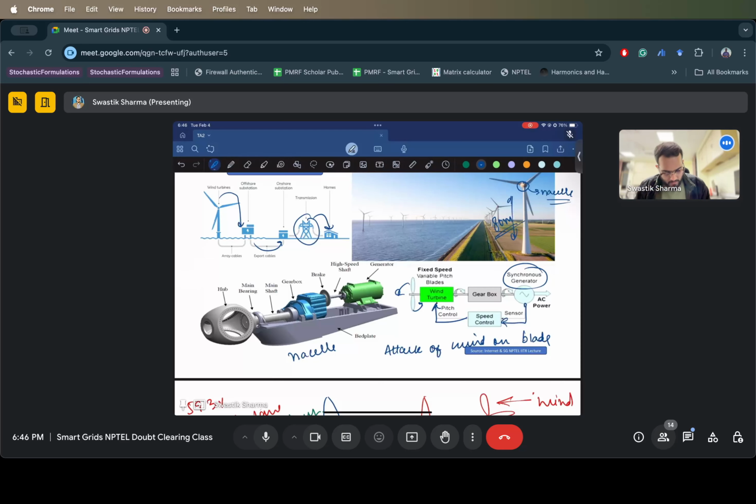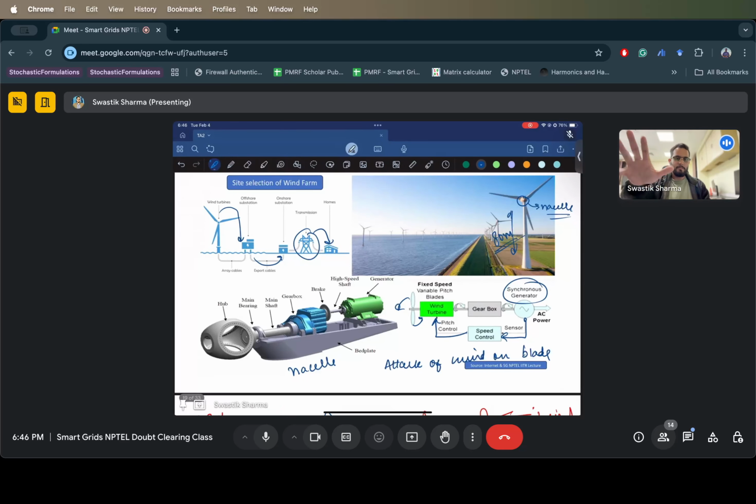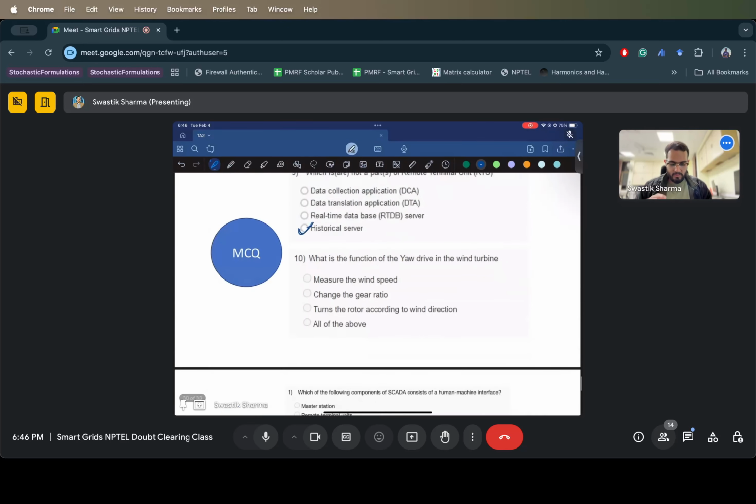I don't think I can show you, but yaw is connected to your blade and your shaft. It's not shown over here. So what is the function of that yaw drive? I have not shown it, so I should let you answer.